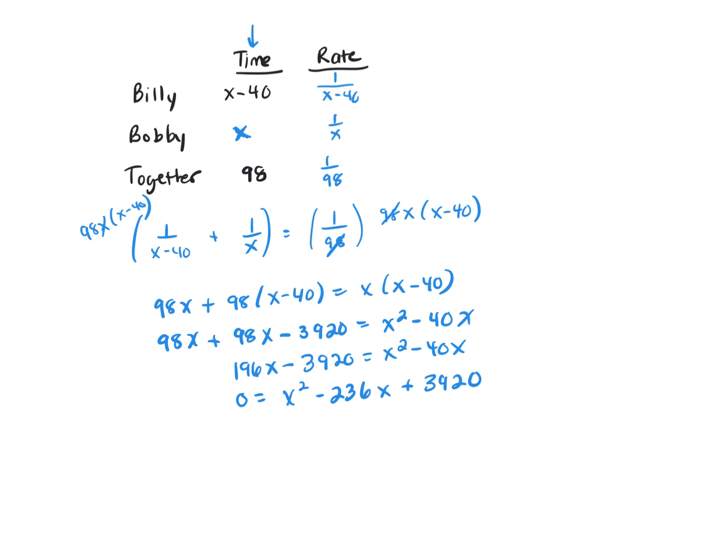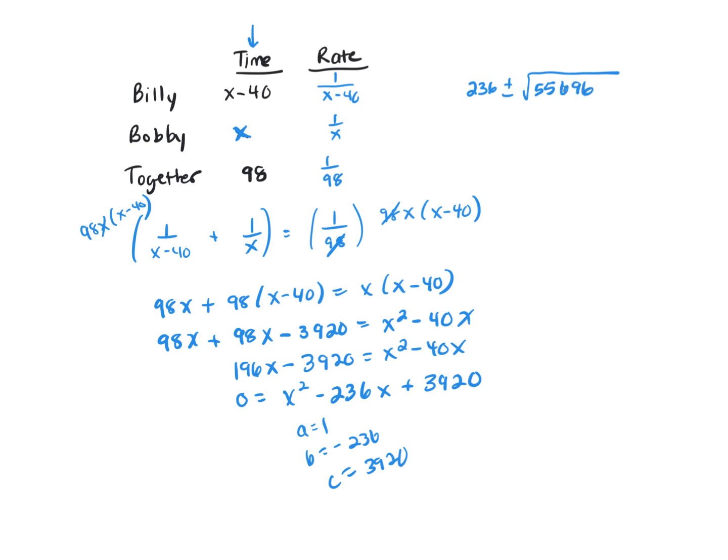That would be negative b, which is the negative of a negative, so positive 236, plus or minus the square root of b squared minus 4ac. Now a is 1, b is negative 236, and c is 3920. So negative b plus or minus the square root of b squared, so that's going to be negative 236 squared, which is 55,696.